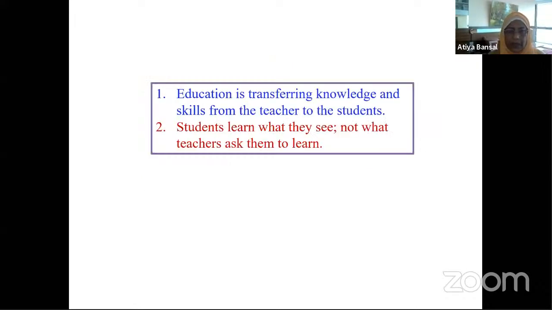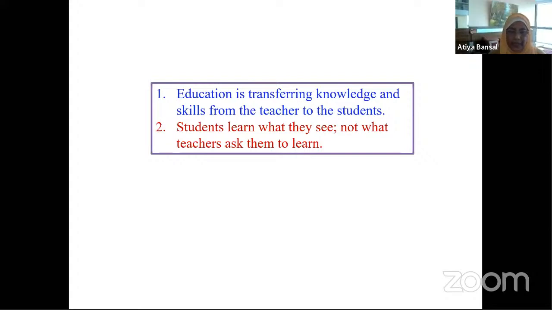I want everyone to remember these 2 points throughout this session. Of course, it was useful in the previous 2 sessions too, but since it is a concluding session, let us remember this: education is transferring knowledge and skills from the teacher to the students.